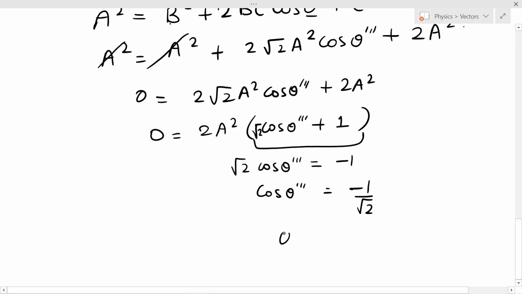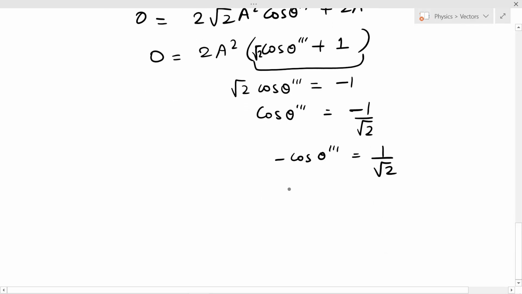Again theta triple dash will be 135 degrees, because I can write this as minus cos theta triple dash is equal to 1 over root 2. Cos of 180 degrees minus theta triple dash is minus cos theta triple dash.